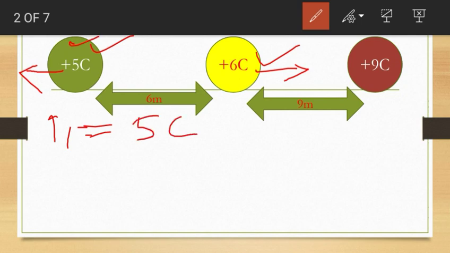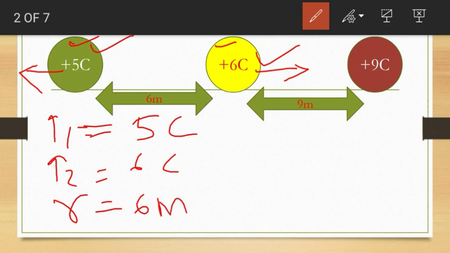Okay, so first make a note of what has been given to you. q1 is here 5 coulomb, and q2 is obviously 6 coulomb, and r, the distance of separation, is 6 meter. If q1, q2 and r are given and the medium is air, then we should have no hesitation in finding the force. That is F is equal to 1 by 4 pi epsilon 0, which is also equal to 9 into 10 to the power 9 in SI units.